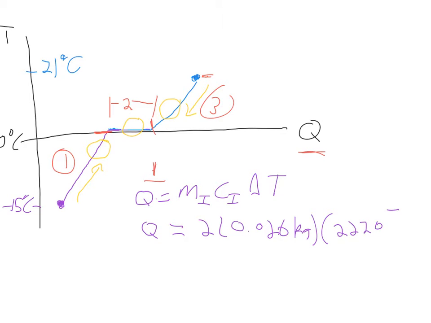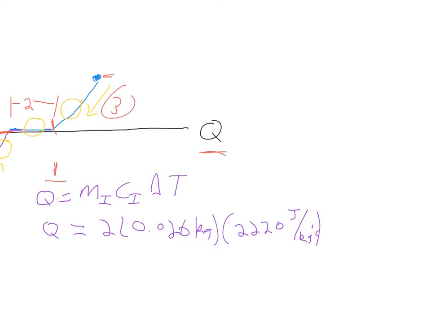And our units are joules per kilogram degrees C. And then we have to multiply that, or I'll scoot over some more. I'll come back to the graph here in a minute. And multiply that by our delta T. And our delta T is our final temperature 0 minus our initial temperature -15 degrees C.